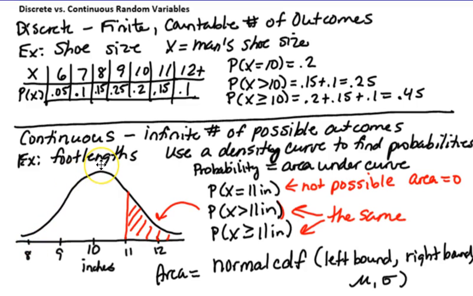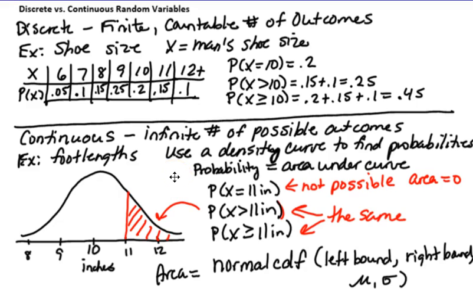And it turns out that a normal model is a pretty good approximation for the distribution of foot lengths. You could imagine if we had lots and lots of individual foot lengths and for each one we had a little bar showing what the probability was, and I put lots and lots of tiny bars, that if I made the bars small enough, eventually it would turn into a curve that looked pretty much like this.